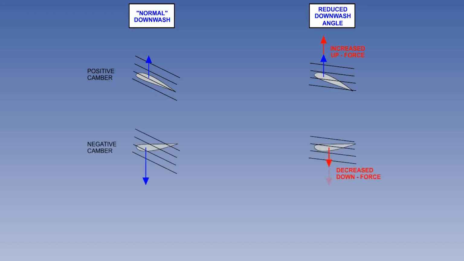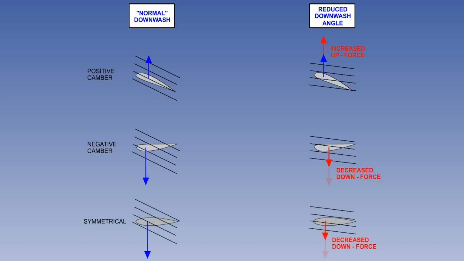If the camber is negative, the change in downwash produces a decrease in the downforce, and again, the result is a nose-down pitching moment. With a symmetrical tailplane, the effect is similar to the negative camber, so it can be said that a decrease in downwash will always result in a nose-down pitching moment. The opposite is true of increased downwash.